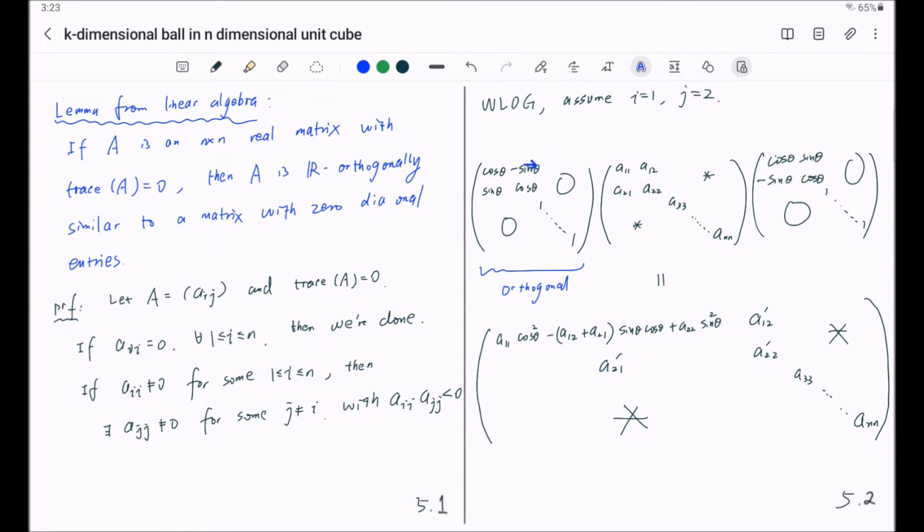Because this theta is a parameter to be determined. Theta can be any real number. We'll be interested to know if there exists a theta that will make this element, this a11 prime, vanish.